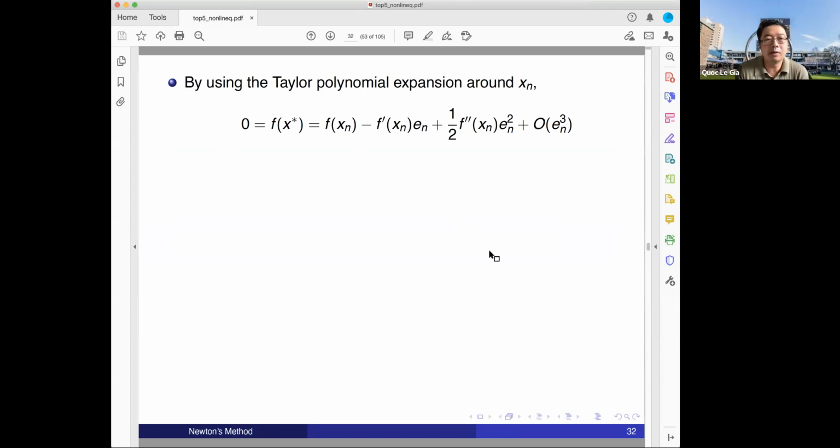Anyone remember the Taylor expansion formula? Okay. So now I want to show you that the Taylor formula can be used to derive this one. So let me go back to the piece of paper.